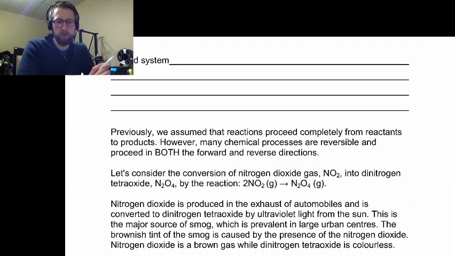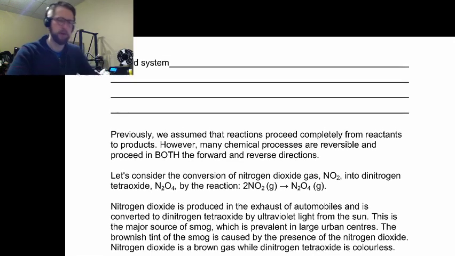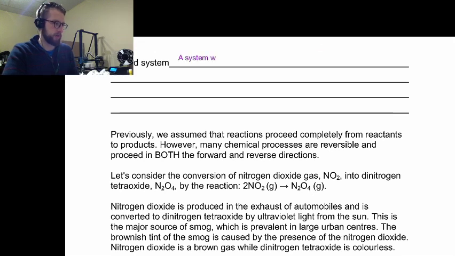This really only applies to a closed system. I feel like we mentioned closed systems before, but we're going to mention them again now. Closed systems are ones where we are going to assume that no matter can be exchanged with the surroundings.